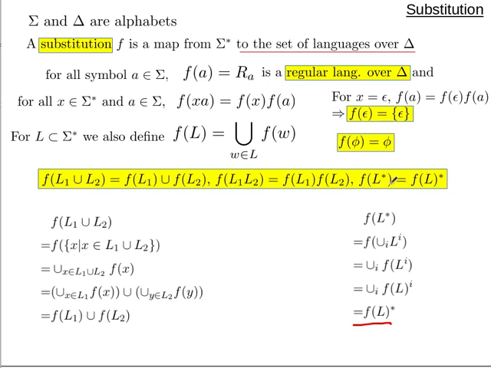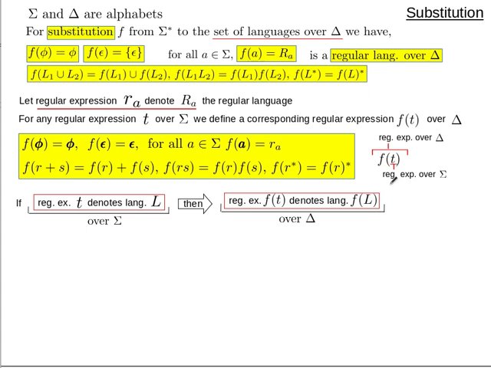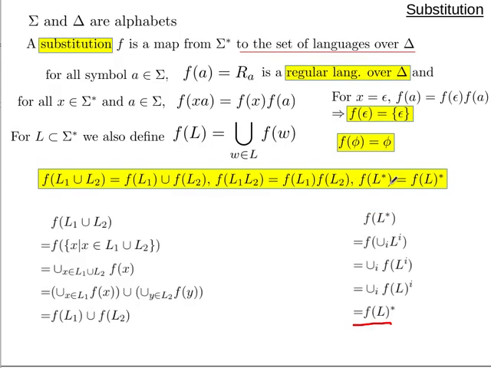So once you have this, now as I said, this L, this L1 L2 need not be regular for this property to be satisfied. In fact, we are not even using this part, that f of a is regular. So here you do not need anything to be regular. From the definition of substitution, this happens for all languages, regular or not.